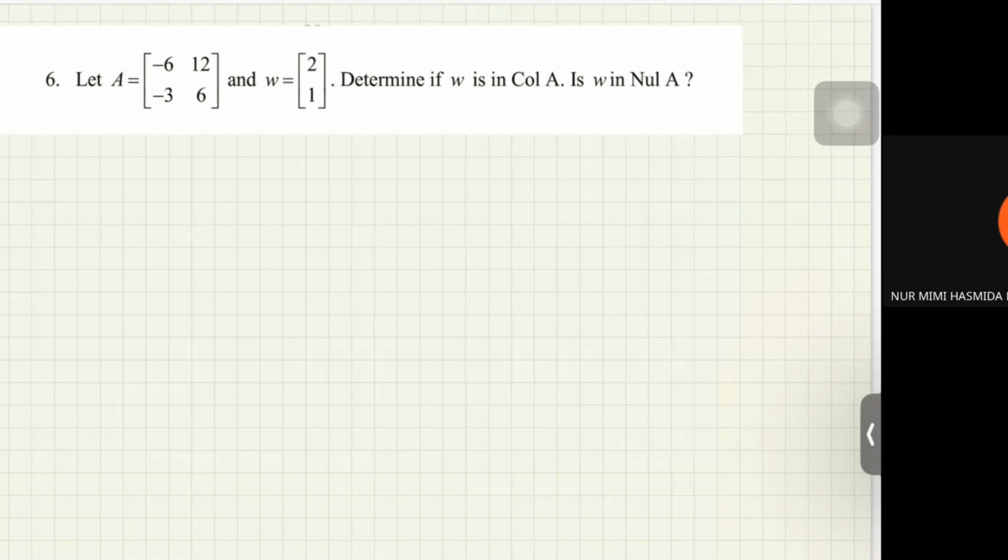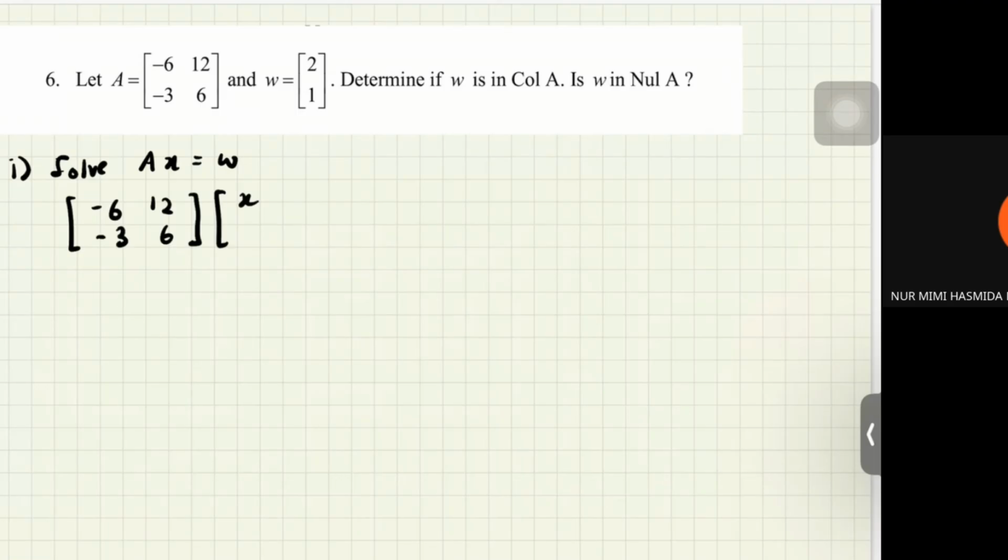Okay, first you can solve this using the REF, right? Solve AX equals W. So your A is [-6 -3; 12 6], your X is (X1, X2), and W is (2, 1). So let's solve this system of linear equations.